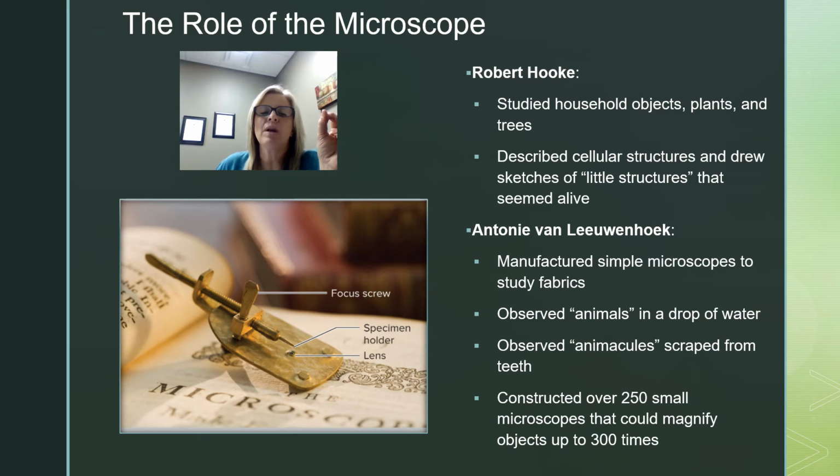He took dental scrapings and viewed them. And this picture here shows a replica of a Leeuwenhoek microscope. His animalcules, now we can look at his drawings and recognize were bacteria and protozoa. That's what he was looking at. This was the first steps in understanding that microbes are what cause disease.